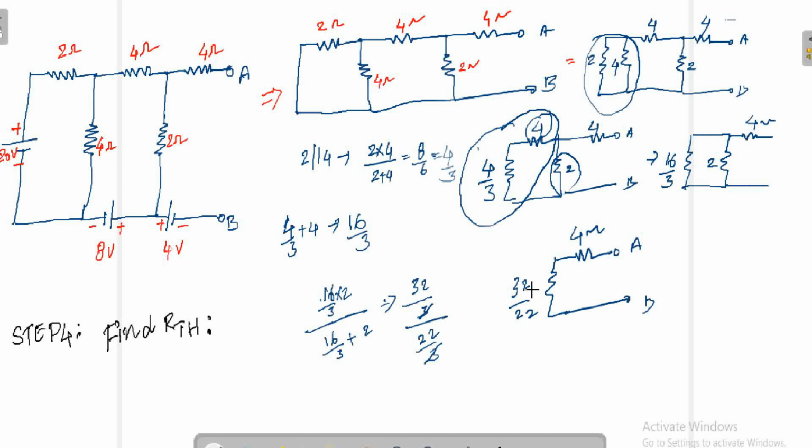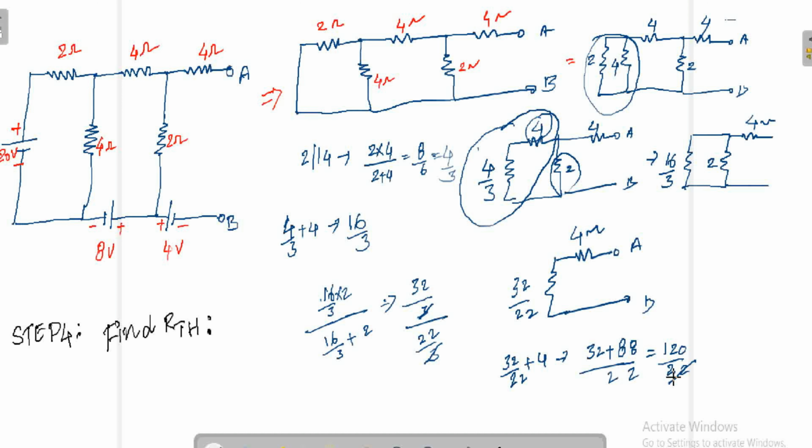Now tell me, how are this 32 by 22 and 4 ohms? These two are in series. So the equivalent resistance becomes 32 by 22 plus 4, which is equal to 32 plus 88 by 22, that is 120 by 22.